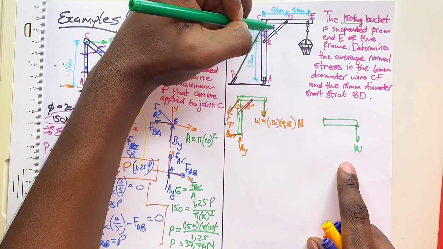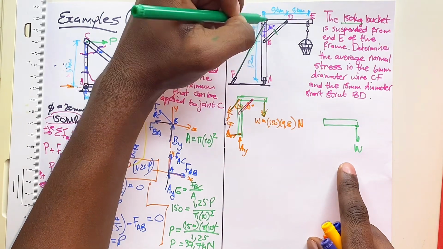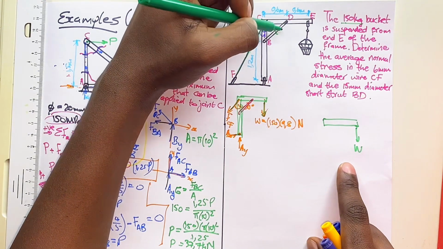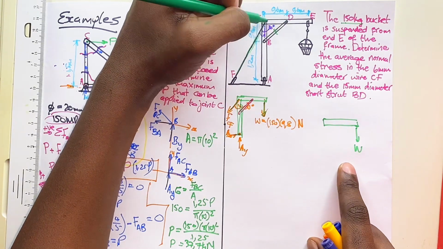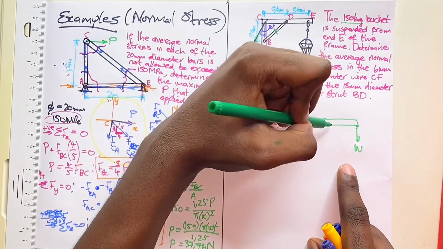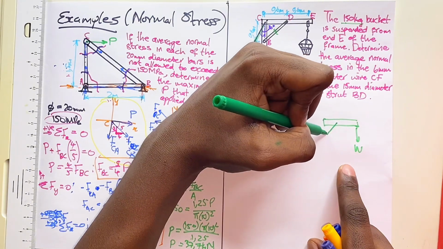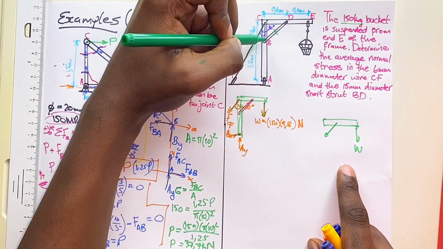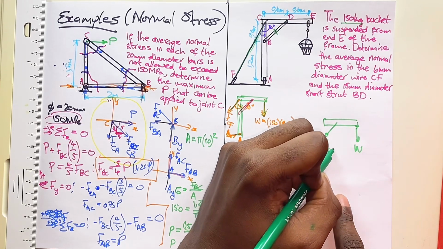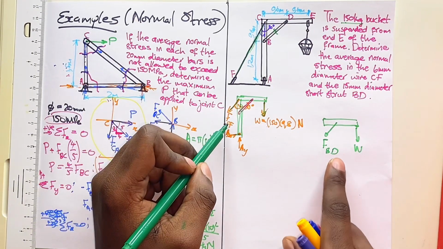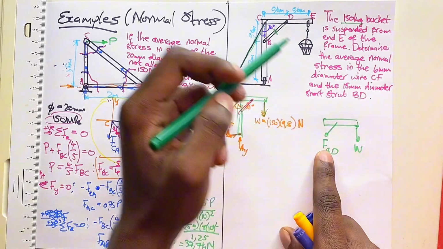We'll now cut the strut here. If we are just focusing on this member, then the strut will now have an effect on the forces that are acting on our member. So that force will be in the direction of that strut, and we'll call that force BD. Now we have CF and BD that they want to find.